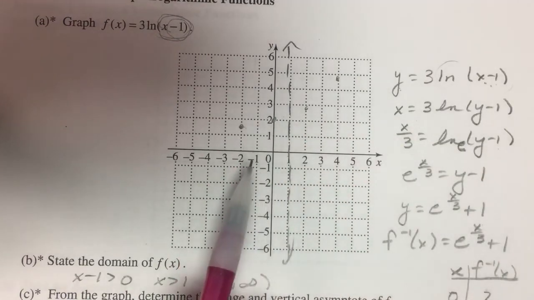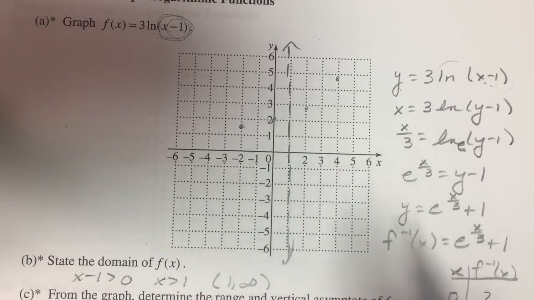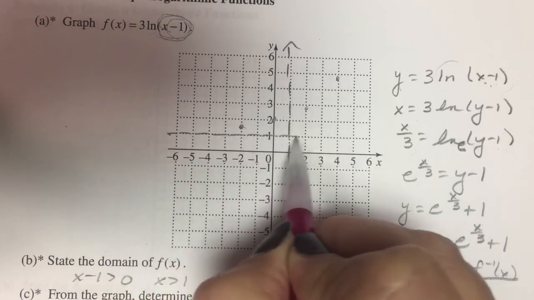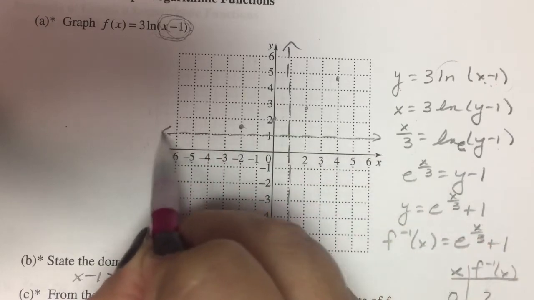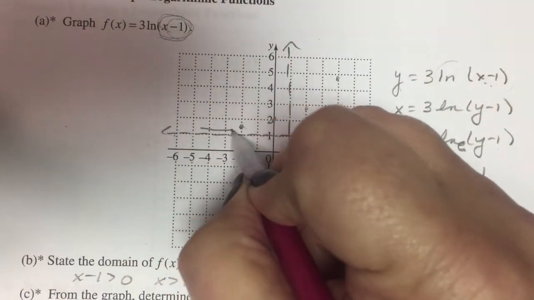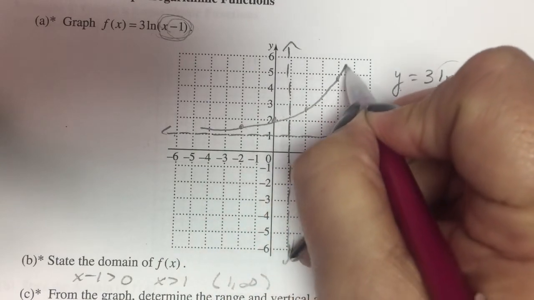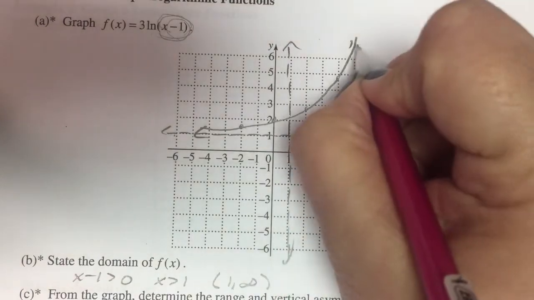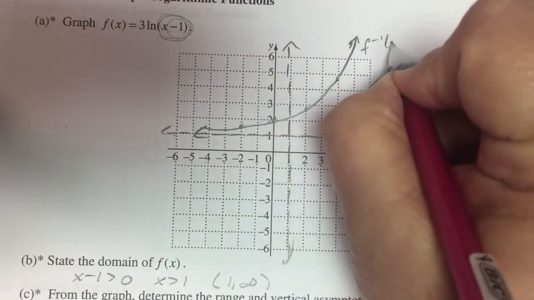So now, remember that if this was a vertical asymptote for the log function, then that means that this is a horizontal asymptote for its inverse, which is an exponential function. So you can see my graph looking like this. And this is f inverse.